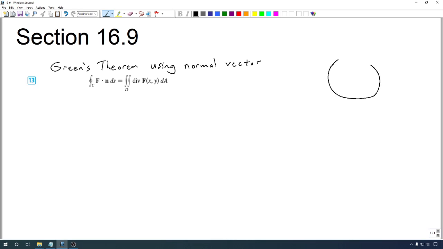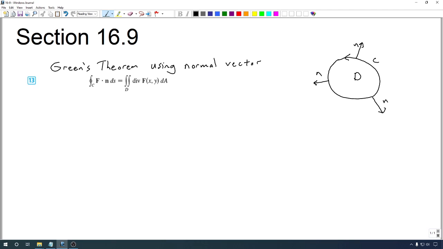So if we draw a picture of this, here's our C going around region D. It's going in a positive orientation, and the normal vector points perpendicular to the curve away from D. And if you do that, then that line integral turns out to be just the integral of the divergence of our vector field over the inside, over D.